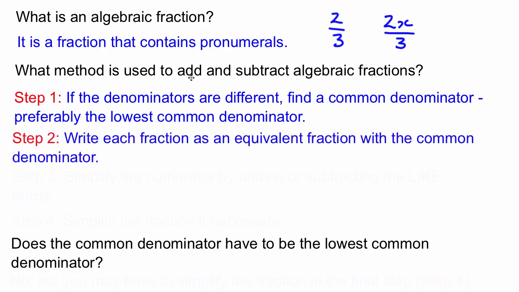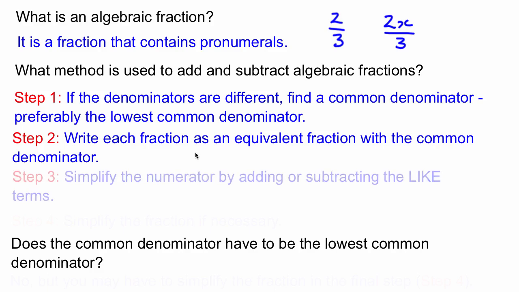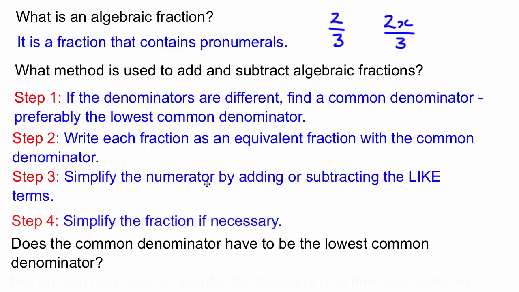Once we've done this, in step 2, that's write them as equivalent fractions with the common denominator, we move on to simplifying the numerator, the top part of the fraction, by adding or subtracting like terms. And finally, if we need to simplify the fraction further, this is where we do it.